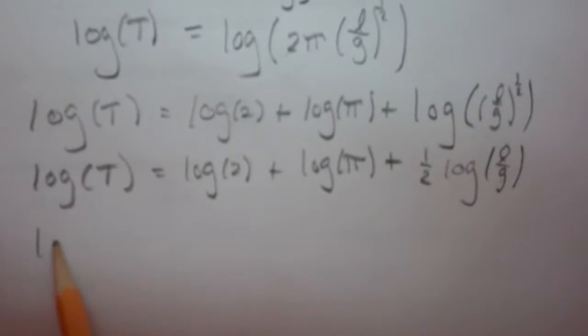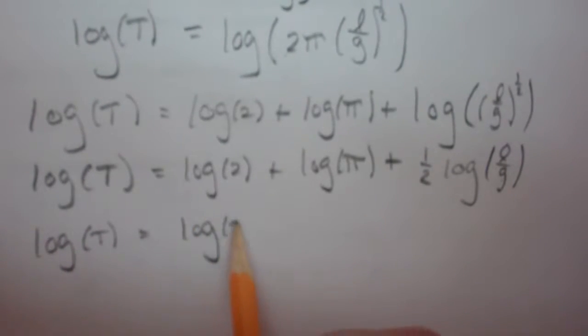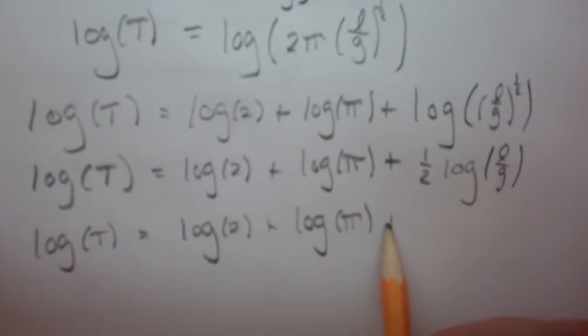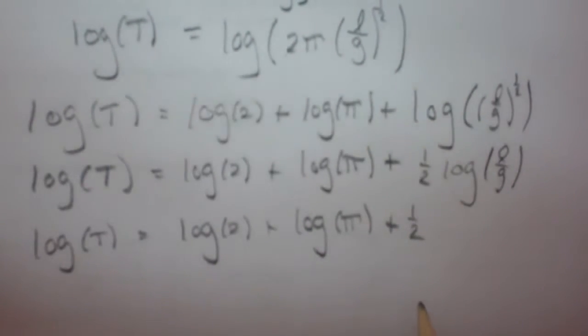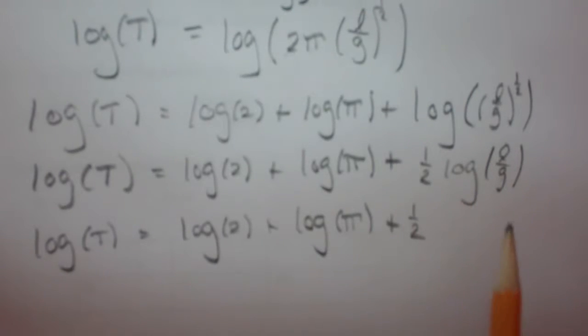So we write this as the log of t is equal to the log of 2 plus the log of pi plus 1/2. I'm going to use parentheses now because I'm going to expand this into 2 separate logs, and I want to multiply the 1/2 times both of them.